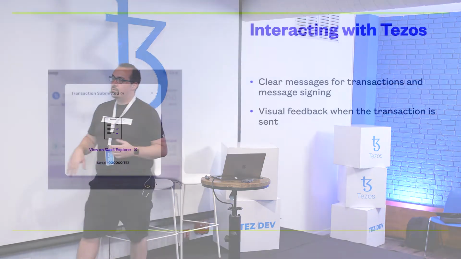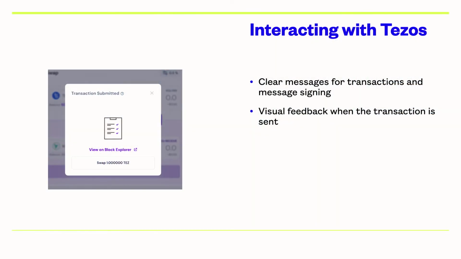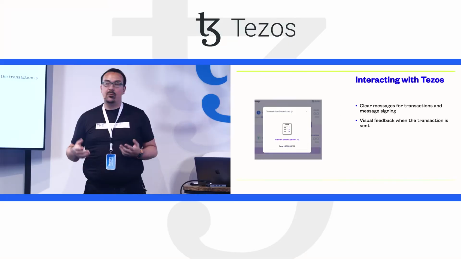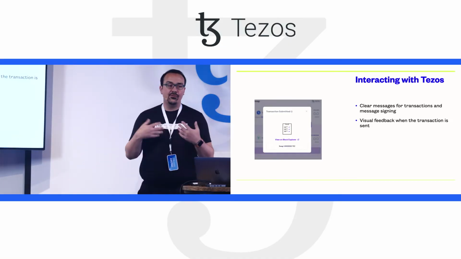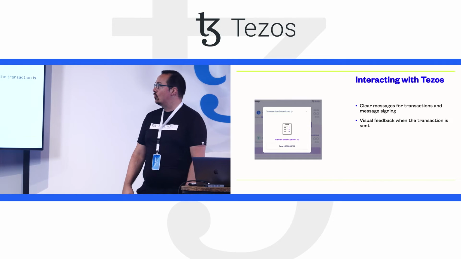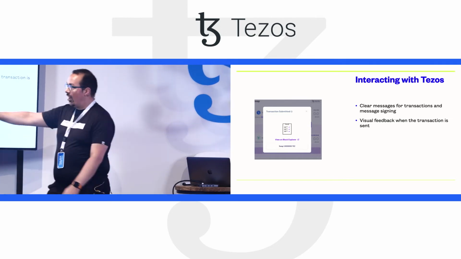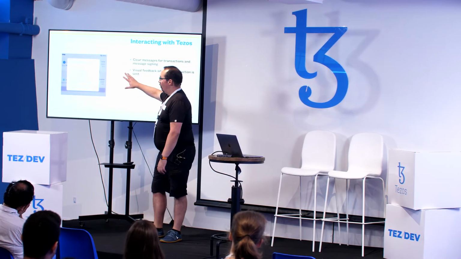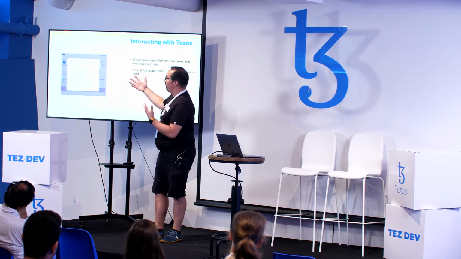So now the user has clicked on the button, and in general, they're going to wait, if they're lucky, a few seconds. In normal time, 30 seconds. If they're unlucky, maybe a few minutes. So you have to provide visual feedback to the users. So here again, Plenty, where the new interface is really great.